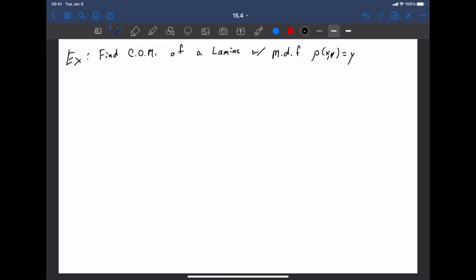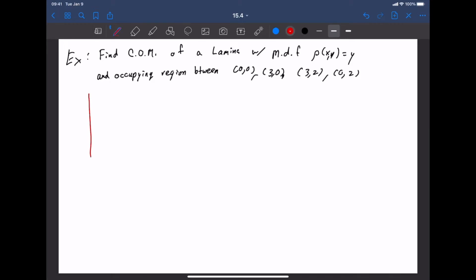So find the center of mass of a lamina with that mass density function, occupying, so an infinitely thin sheet occupying the region between 0, 0, 3, 0, 3, 2, and 0, 2. So 4 points.